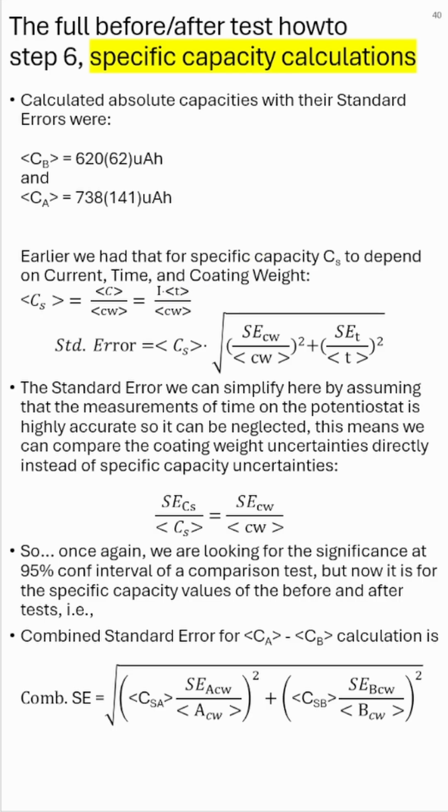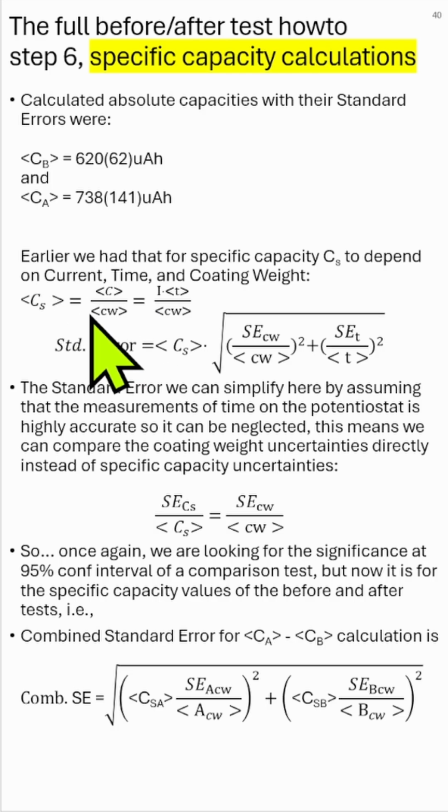And as we talked earlier about, the specific capacity, CS, is going to be calculated. So we get that the mean value of the specific capacity will be the mean value of all these absolute capacities we're measuring divided by the mean value of the coating weight, right?